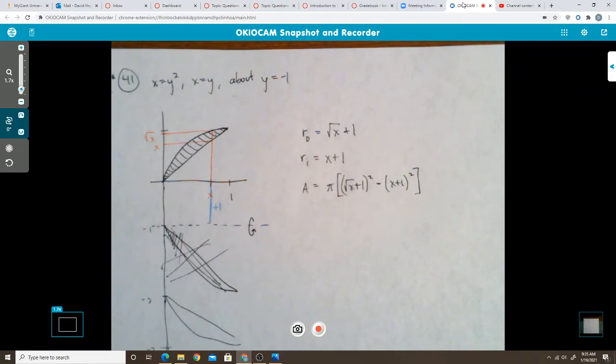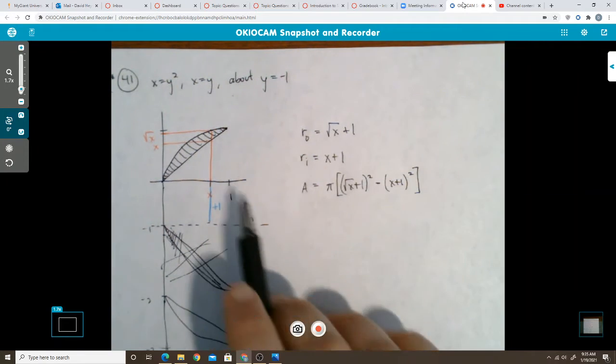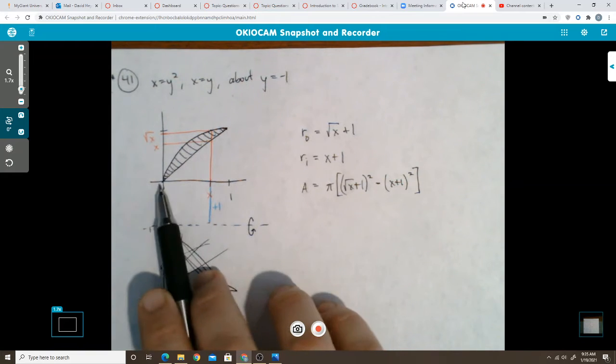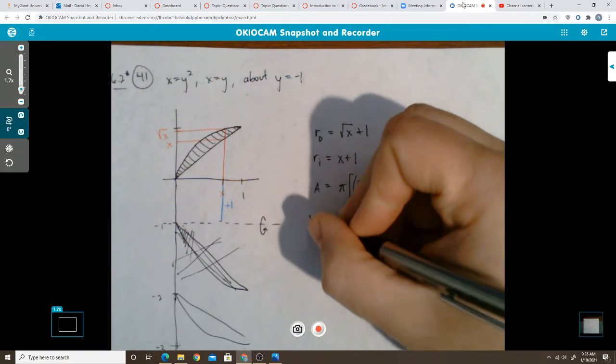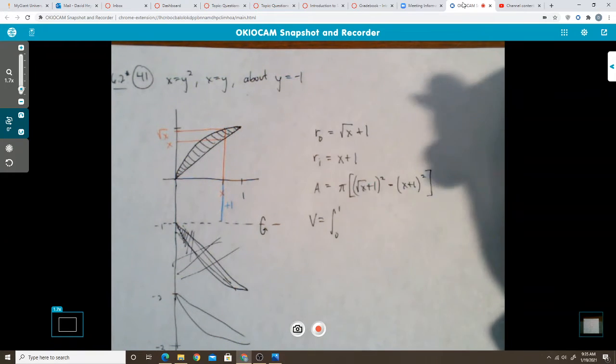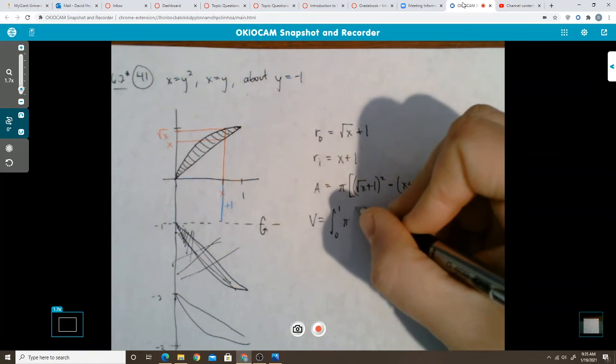And that's that. So then for the volume, you're going to find the area of each of those washers between 0 and 1, and then you're going to add them up. So the volume is going to be the integral from 0 to 1 of this stuff.